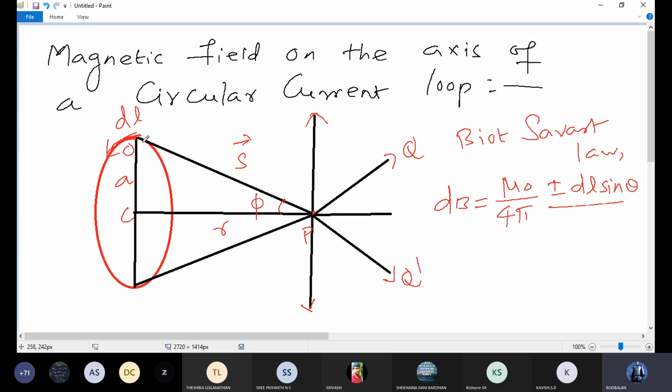So what does R square mean? Current element to this point. But in this diagram, current element to the particular point is the S vector, no? So I am writing S square.